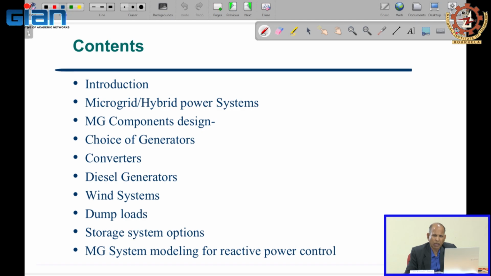There is one book, very nicely written, a little bit old, that talks about the design of wind diesel hybrid power systems. Some part I have discussed from that book, and then of course I added some research conducted by me and my researchers as well.